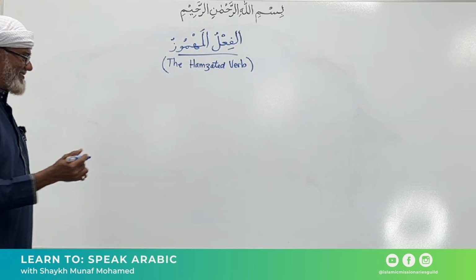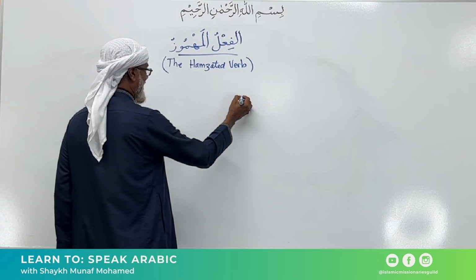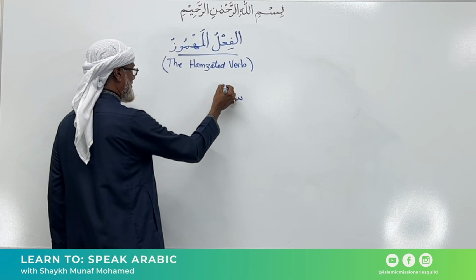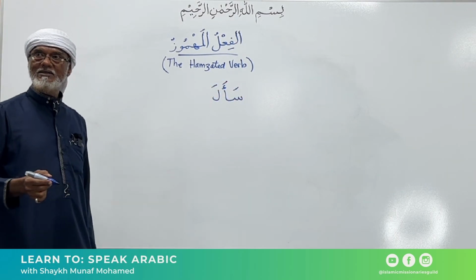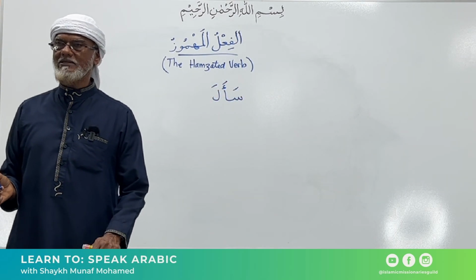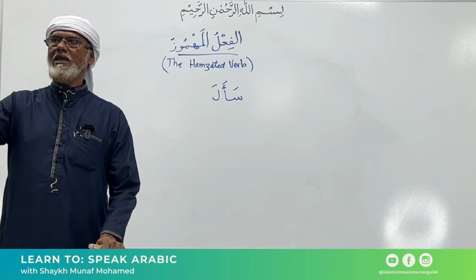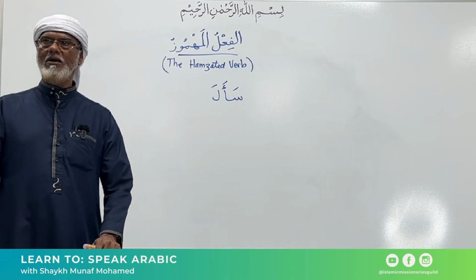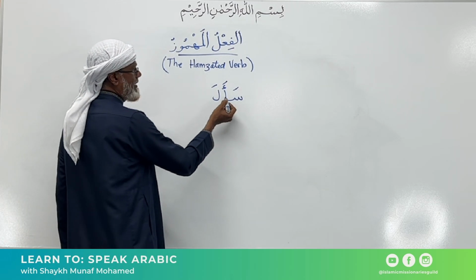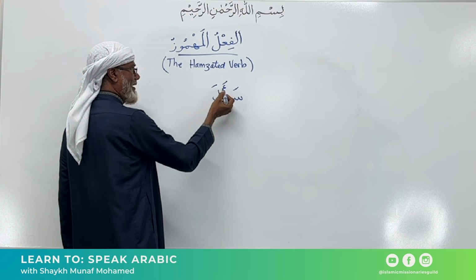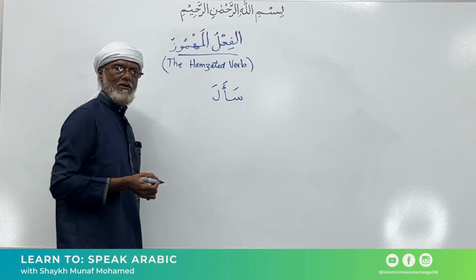Right. So we have sa'ala. Sa'ala means what? To ask. Sa'ala sa'ilun bi'adhabin waqi'. So here we are noticing the second letter of the verb, hamza. Right?